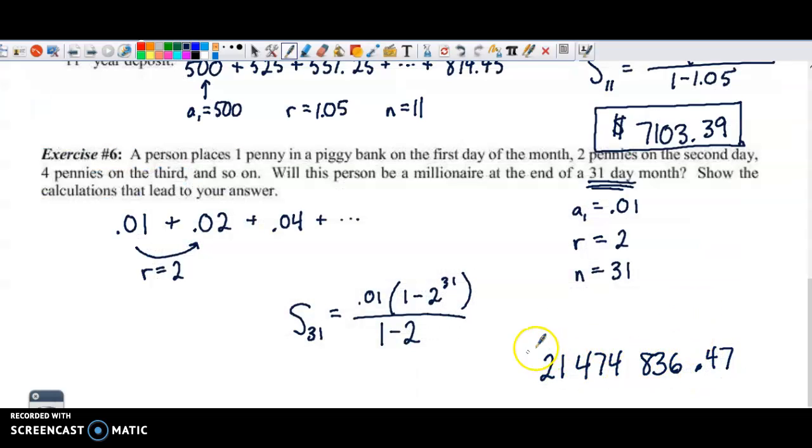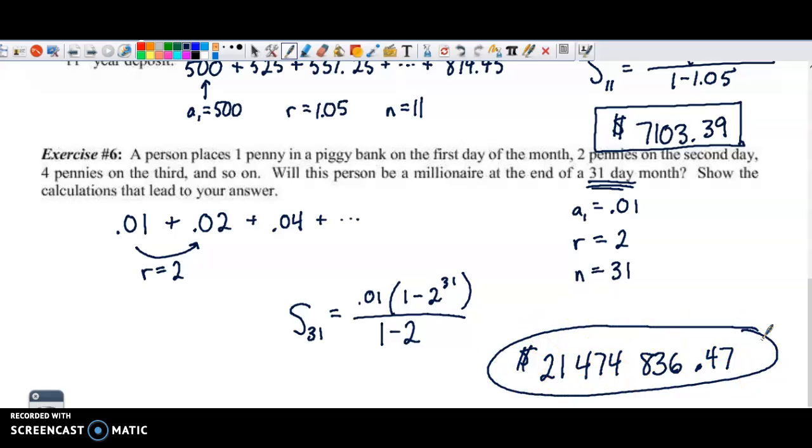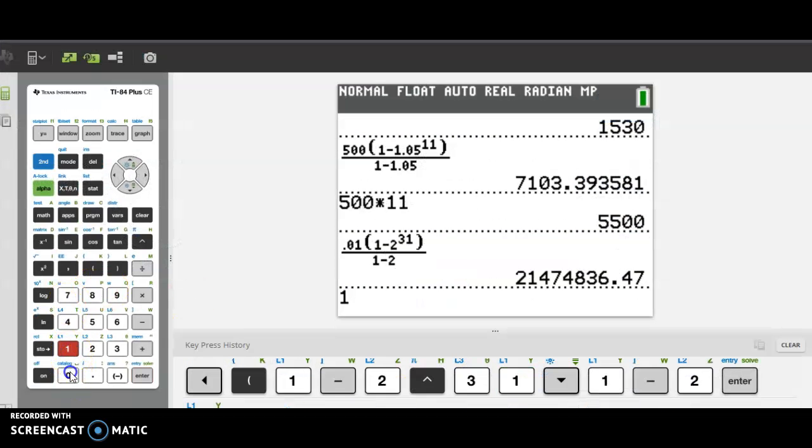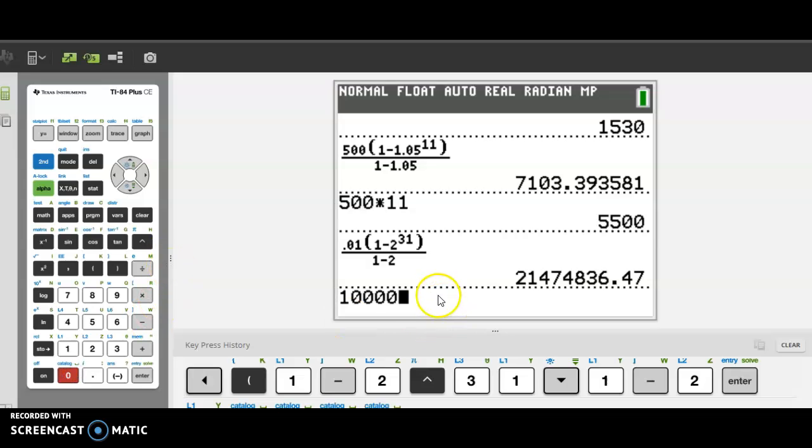Usually when I talk about this problem, if we had a normal school year, what I would do is ask students, let's say you were given the option of making $10,000 a day for 31 days, or would you rather get a penny the first day, 2 pennies the second day? Well, quick math would say, well, if I got $10,000 a day, that's $10,000 times 31 days.